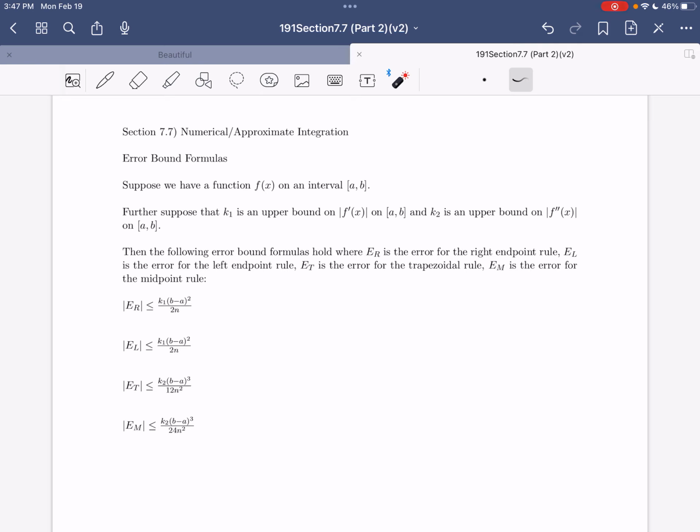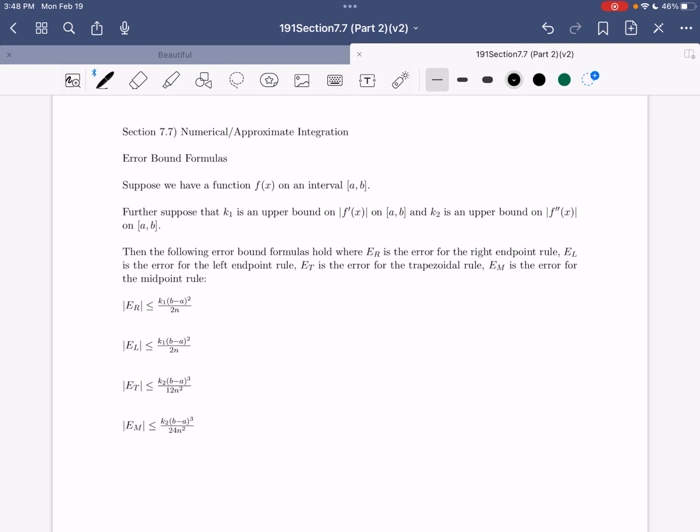Another way to think about that is that the right endpoint and left endpoint rules are only perfect approximations when that K1 is 0. That's saying they're only perfect approximations when that first derivative is always 0. The first derivative being always 0 means that you're talking about a straight horizontal line.